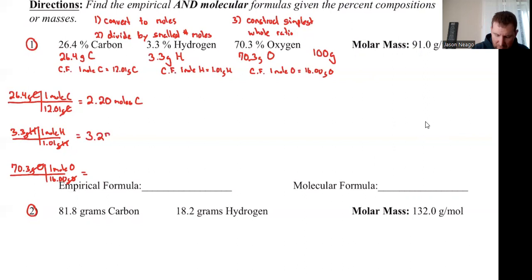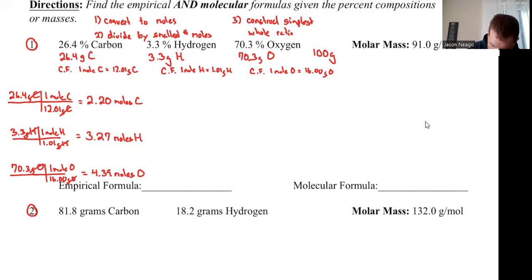So we'll call that 3.27 moles of hydrogen. And 70.3 divided by 16 gives me 4.393. So we'll call that 4.39 moles of oxygen. Right, so that's step number one.